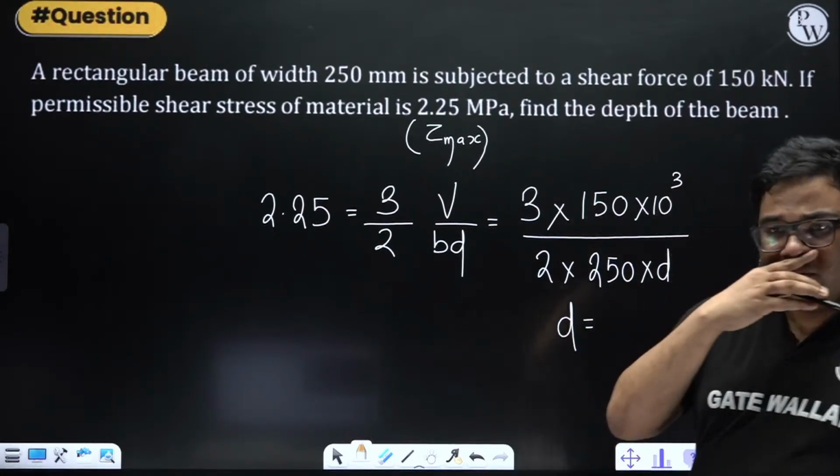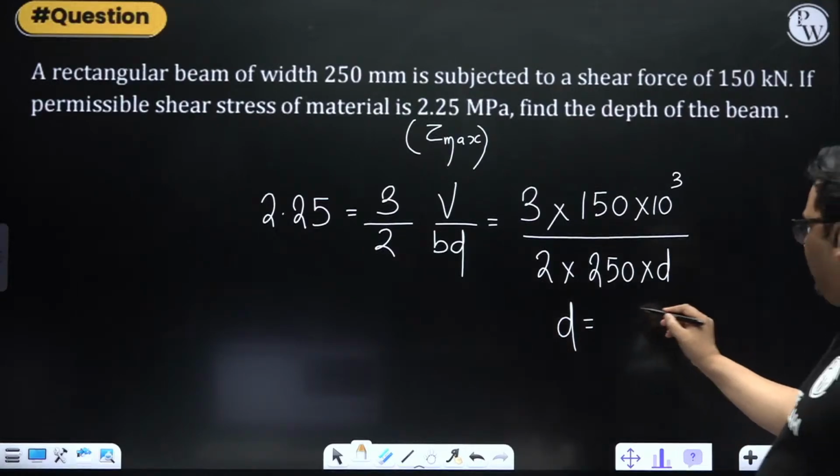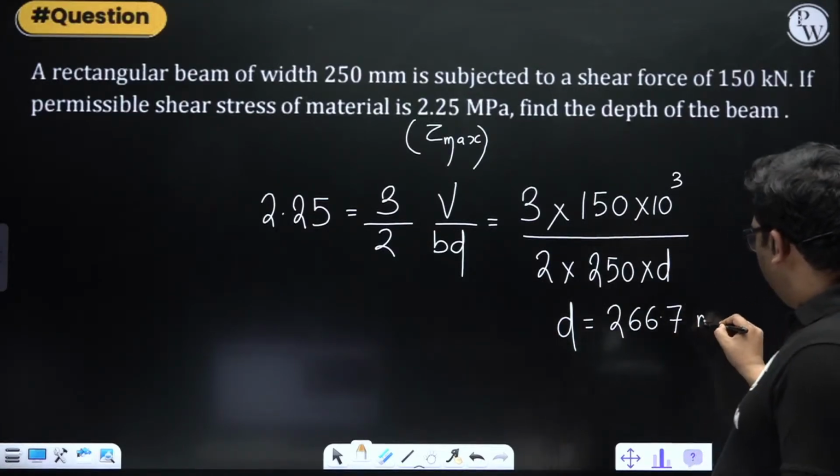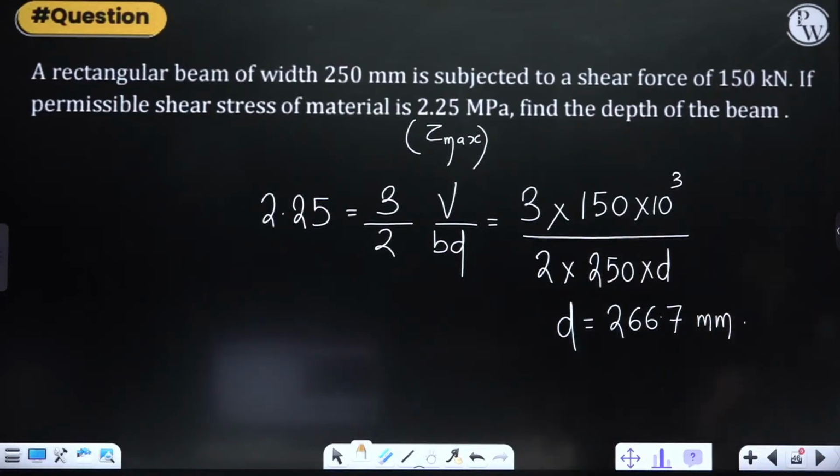I'm not calculating. People are telling 266.7. Let me take 266.7. Others are also getting the same value? No, we are getting 400, right? Let me check.